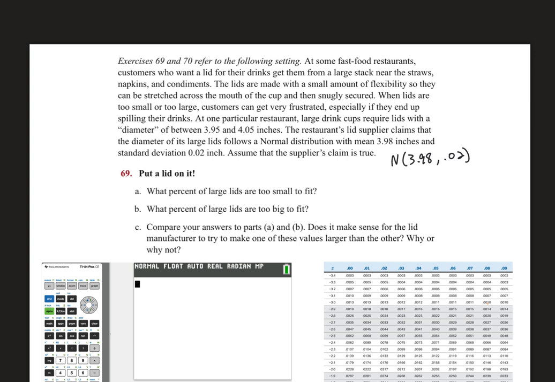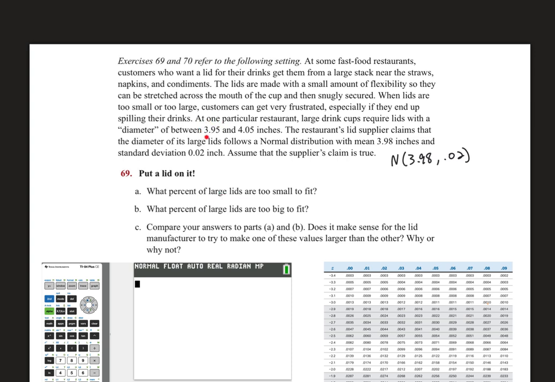So they ask, what percent of large lids are too small to fit? Large drinking cups require lids with a diameter between 3.95 and 4.05.